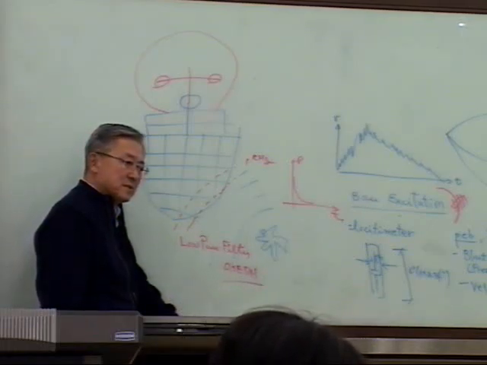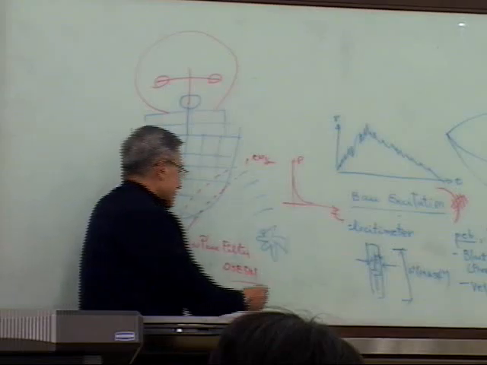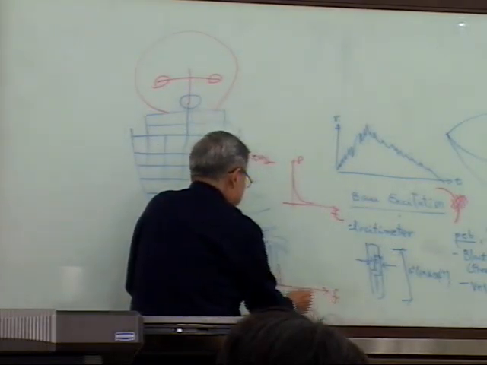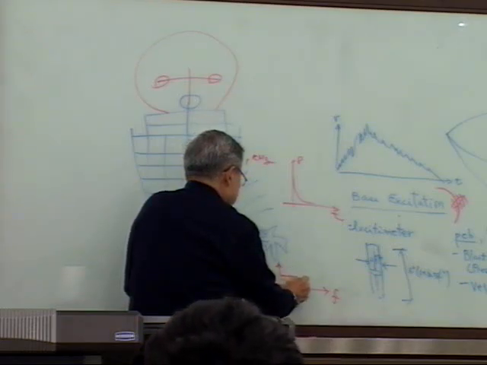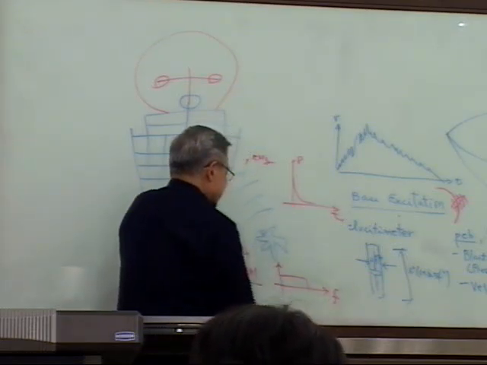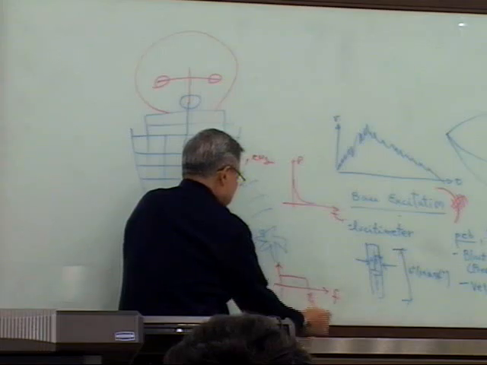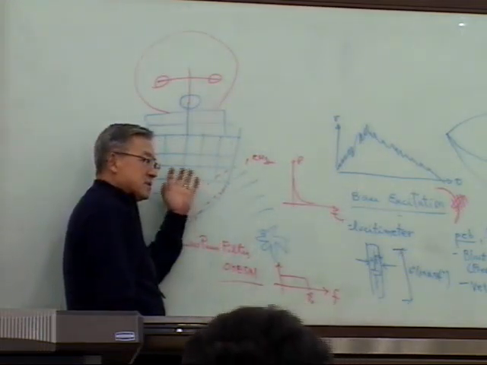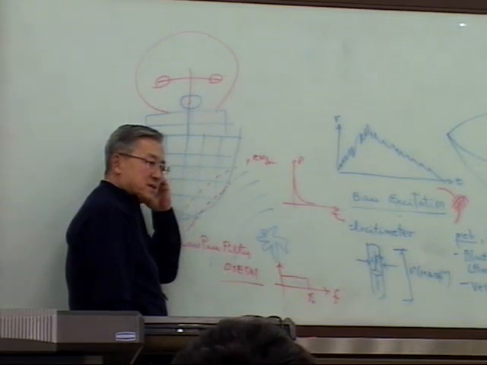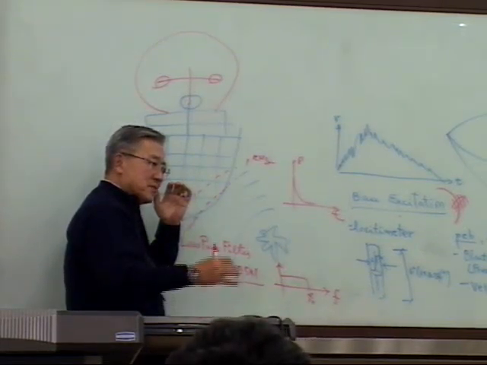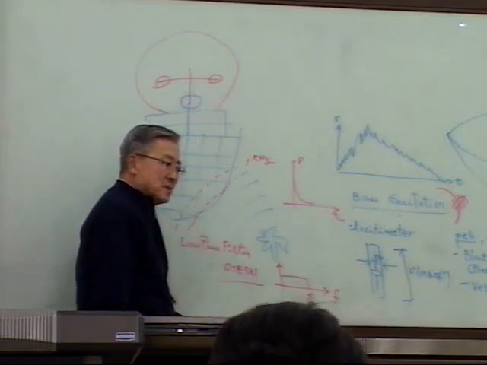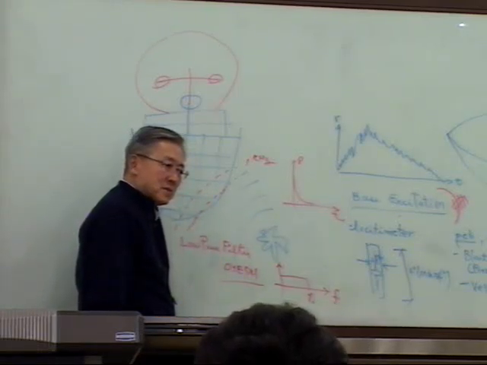Low pass filter looks something like this, with an F cutoff frequency. So the whole ship system is acting as a low pass filter, throwing away the high frequency components of the signature.